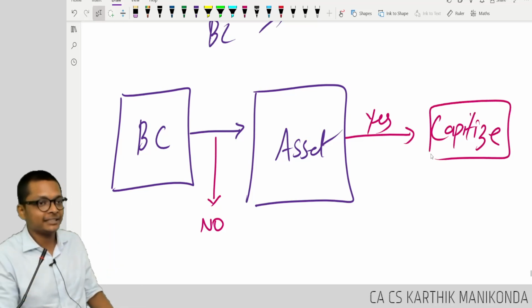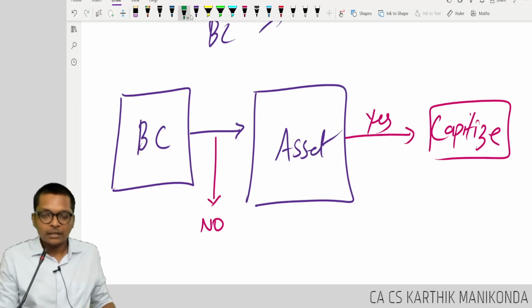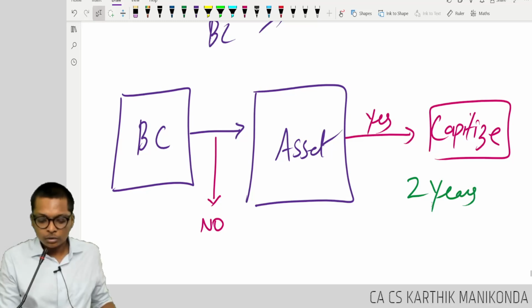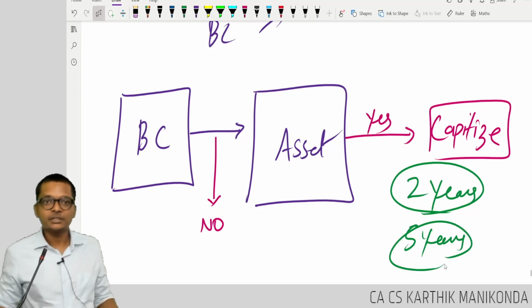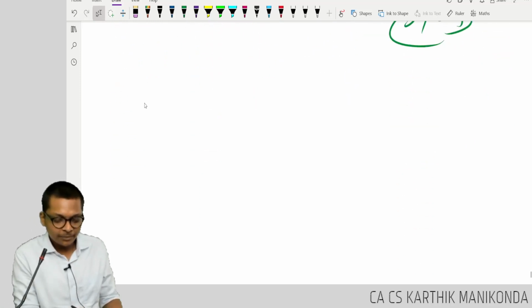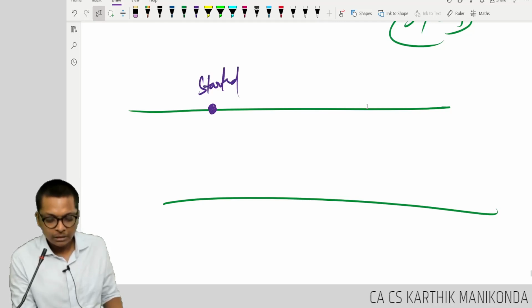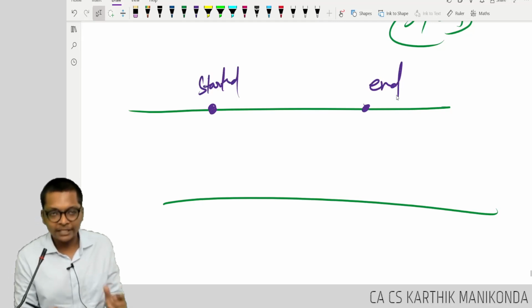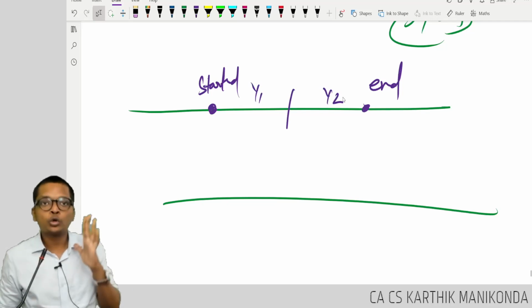Are you following, guys? But next, I'm going to say, a house is being constructed for 2 years. Loan is taken for 5 years. For example, let me put 2 timelines. House started construction over here. House construction ended over here. This is the period of year 1, year 2.